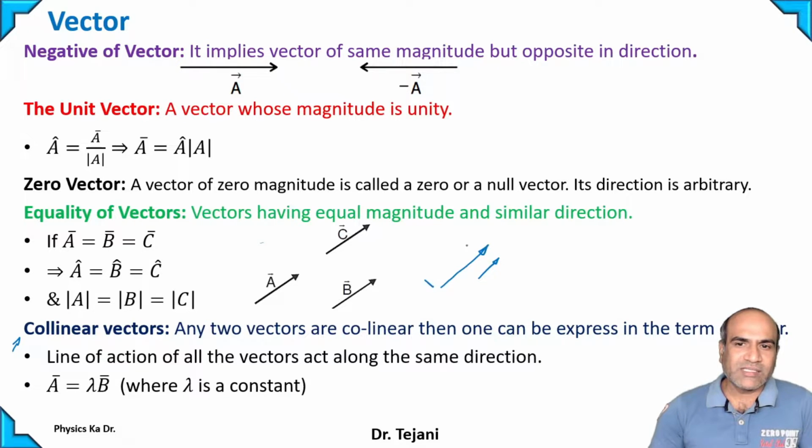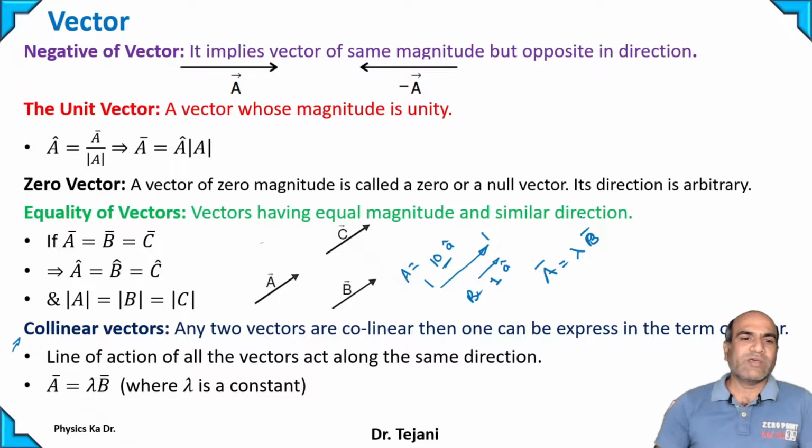Say for example, this is having 10 in the direction, it is a similar direction. Say for example, A cap, and it is having 1, direction is the same, A cap. So both can be represented directly. Say for example, it is A and that is B. So you can say vector A is equal to lambda, means 10 times this B vector, right?